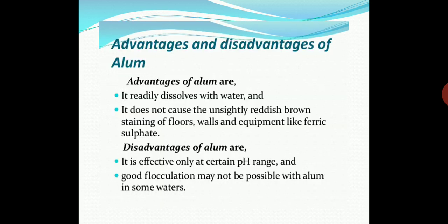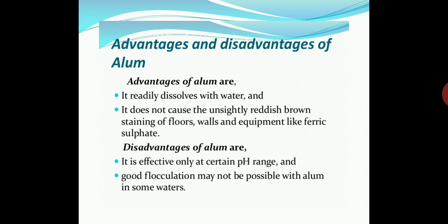The reason behind using alum and ferric sulfate in a wide range is that they have many advantages. Alum especially removes turbidity. Apart from turbidity, it also removes taste and odor. It very easily dissolves in water and also doesn't leave any reddish brown stains on the floor or equipment where it is used.